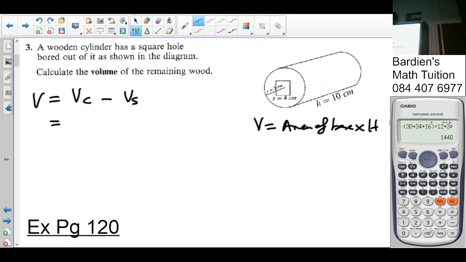So how do you calculate the volume of a cylinder? Pi r squared, the circular base, times height, minus the volume of the square base prism. So the area of the base is going to be side squared, yes, times height. So do that calculation for me quickly.